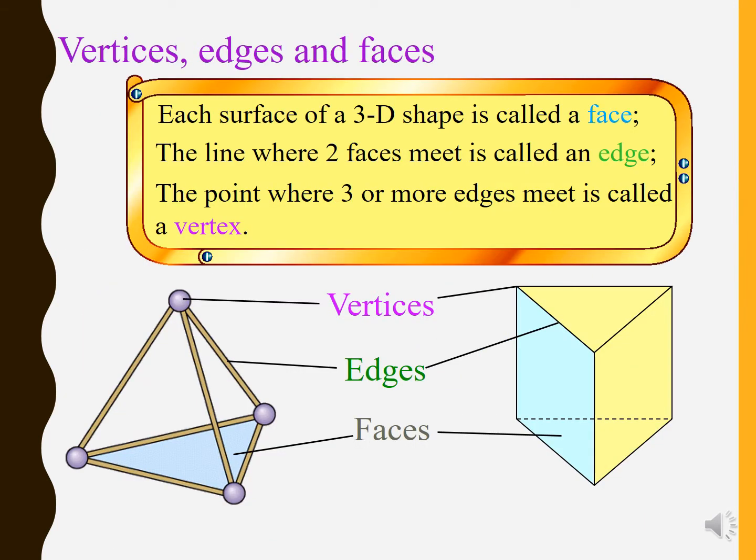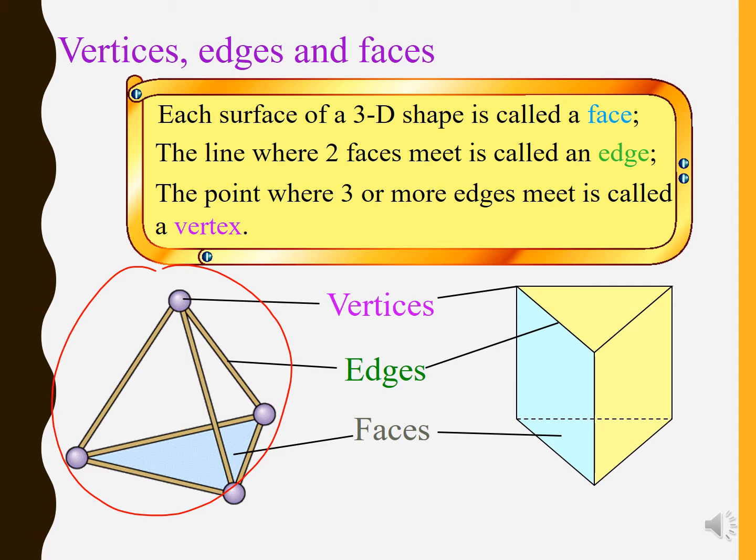Next, do you still remember we have talked about the vertices, edges, and faces of 3D shapes? When you look at these pictures, these 3D shapes are made up of some sticks and plasticine balls. For the sticks, in math terms, we use edges.